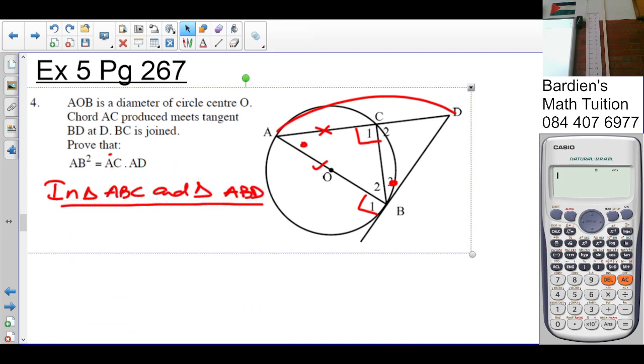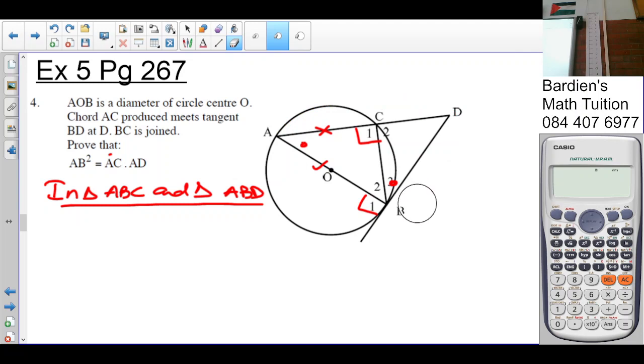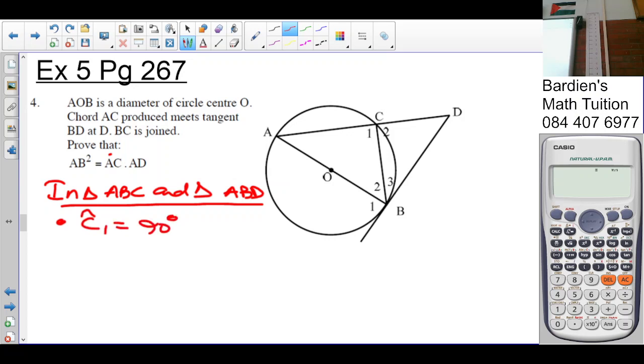So what can we say? Where can we start? We start by saying angle C1 is equal to 90 degrees. Why? Angle in semicircle.